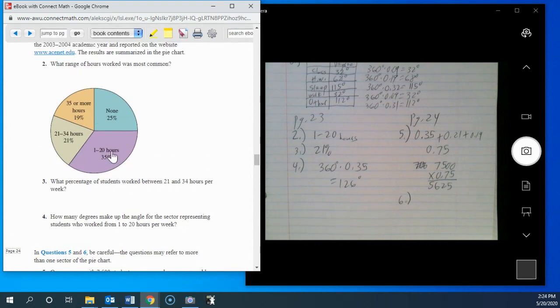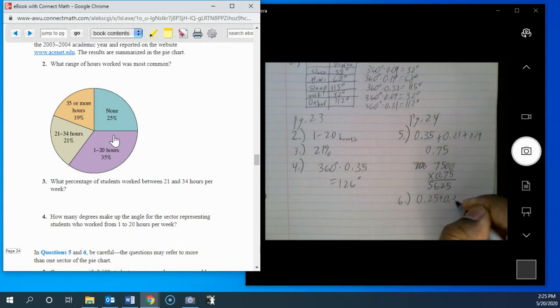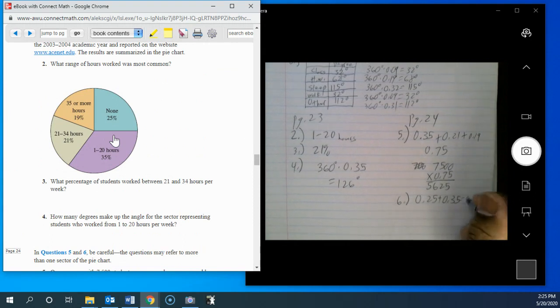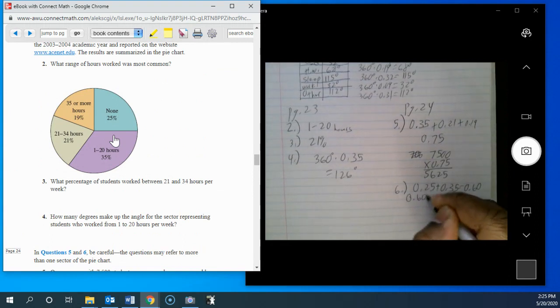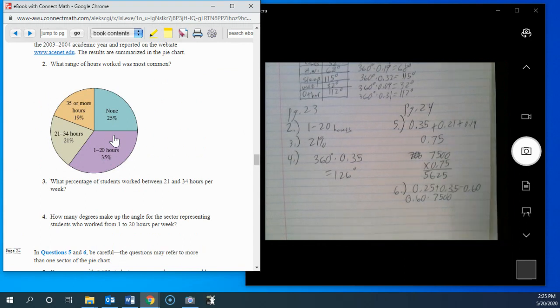So less than 21 hours would be these two values here, the 1 through 20 and the none, because that is less than 21 hours. So that would be 25% and 35%, which is 60%, but I'm writing them as decimals. So we would take our 0.60 and multiply by the 7,500, and that would give us 4,500.